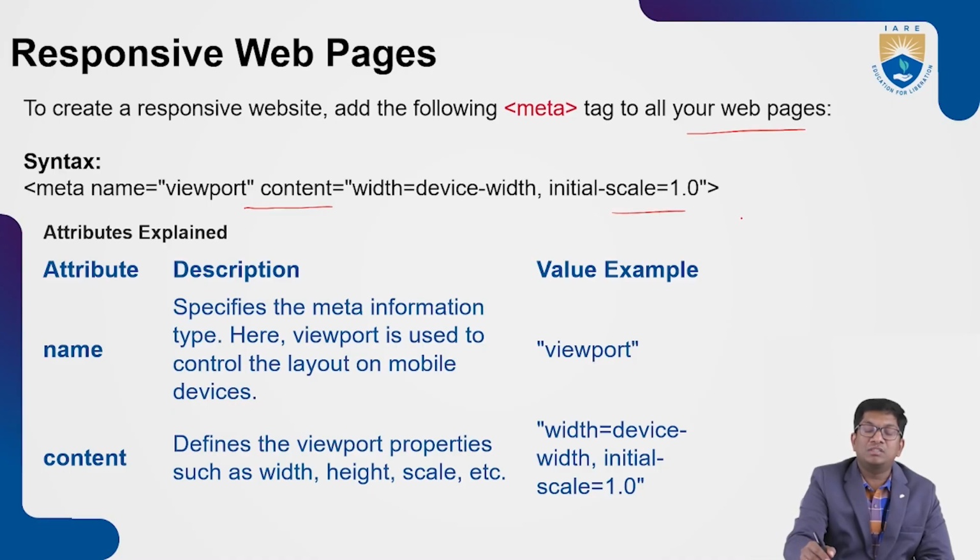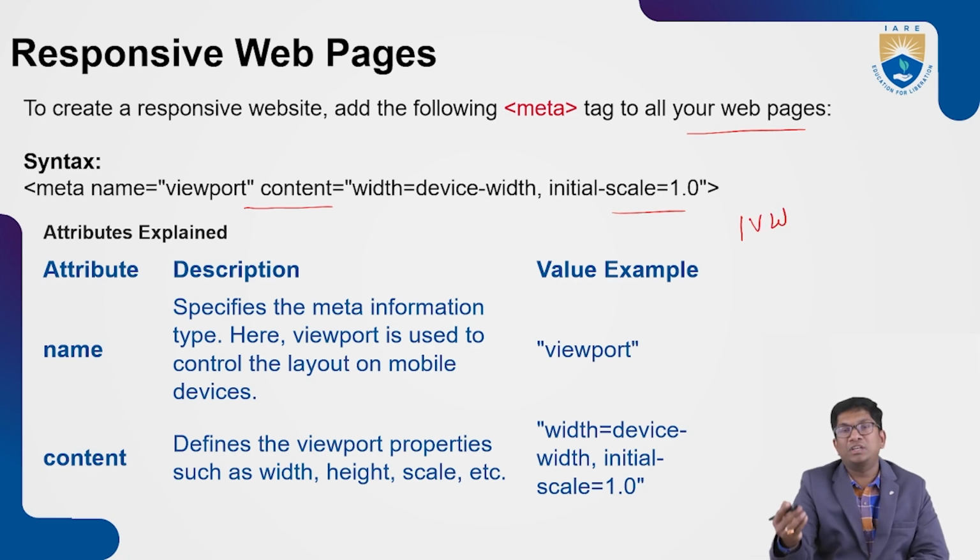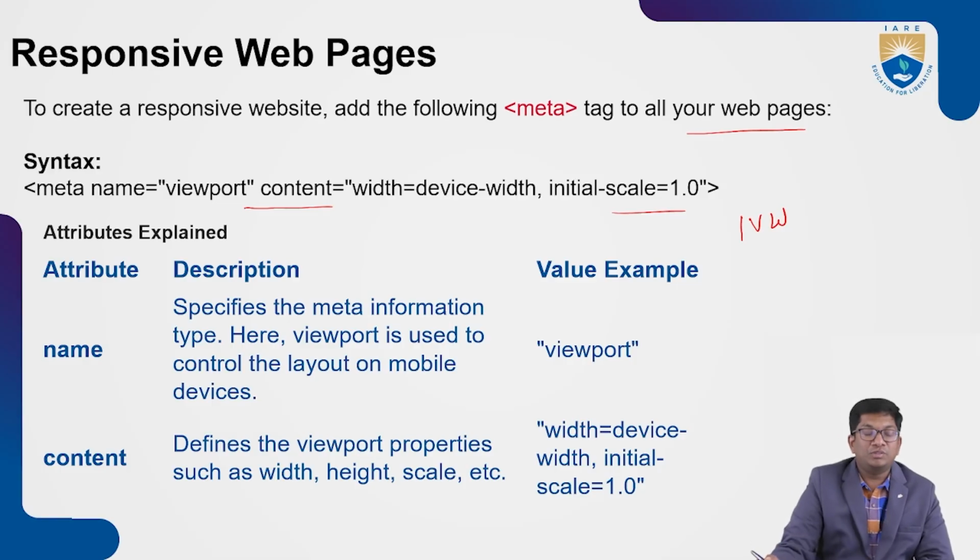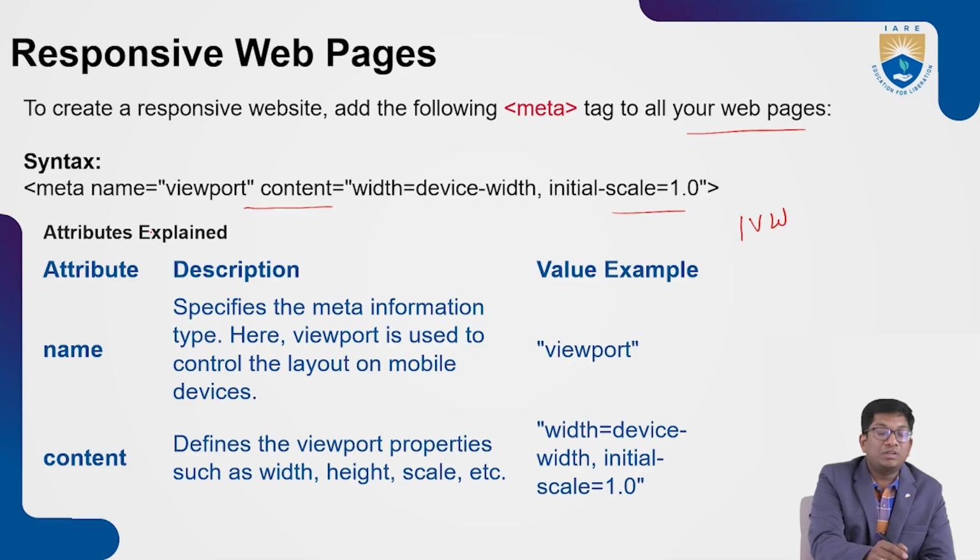It occupies one view width. That means based on the device, it will occupy the full width of your web page. So that is the meta tag you have to use. We'll discuss the attributes. The name attribute specifies the meta information type. Here it is viewport, used to control the layout on mobile devices.